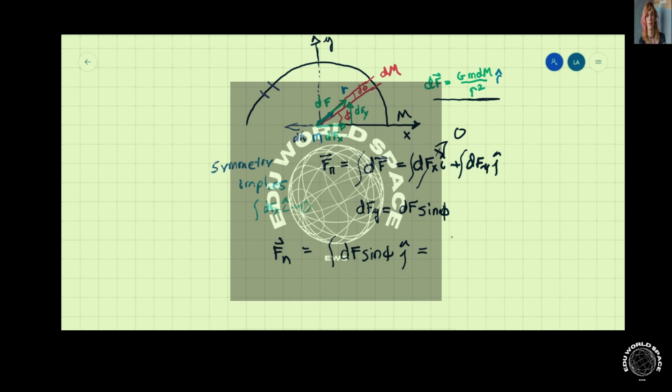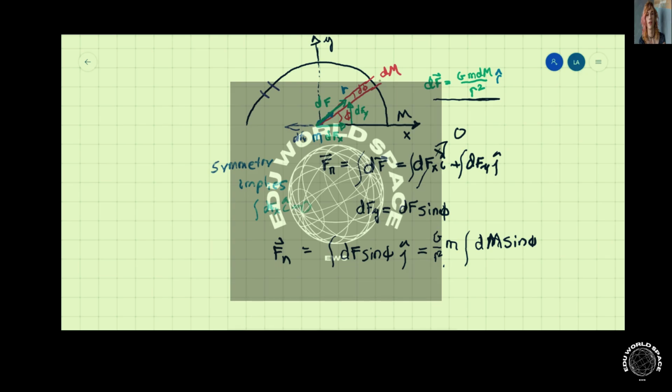So I can rewrite this as the integral of, G is constant, I can take that out. The little lowercase m is constant. And then we have dM, and then big M, sine of phi.